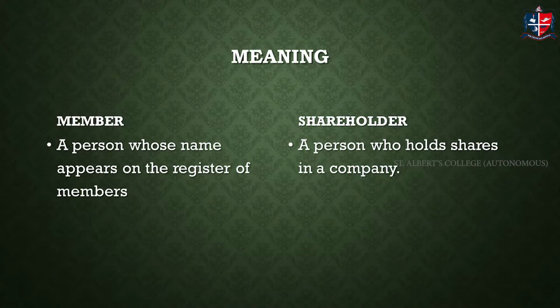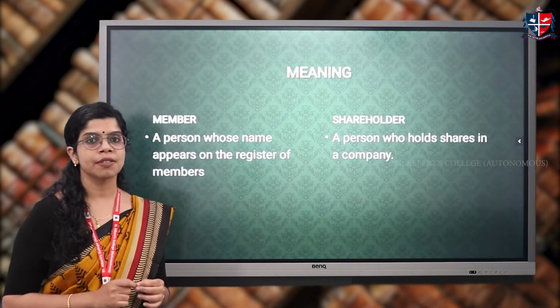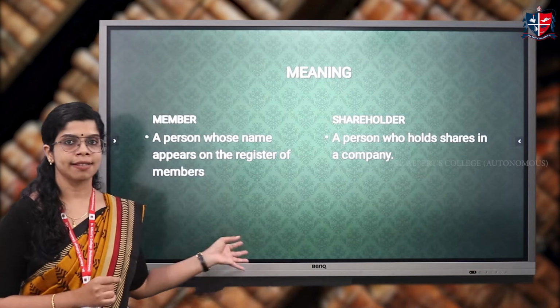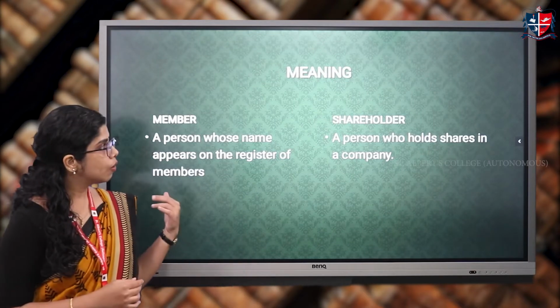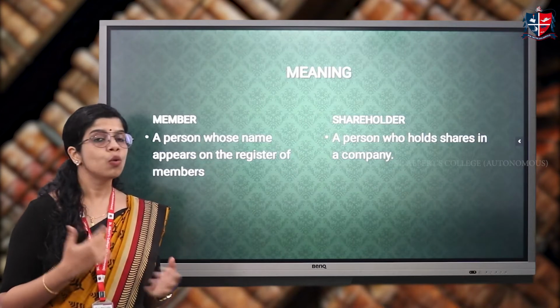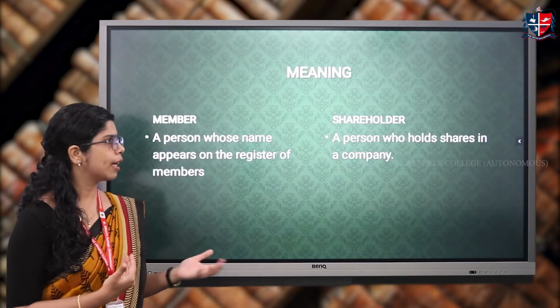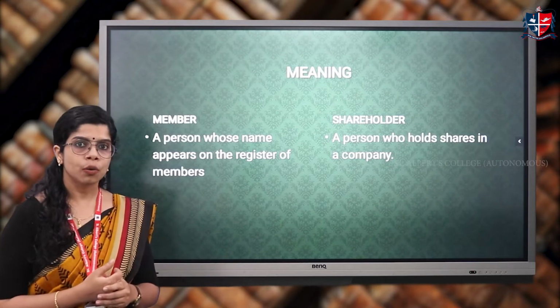Now let's see what exactly is the meaning of a member and a shareholder. If a person has his name entered in the register of members of a company, then he is known as a member. A question arises as to who a shareholder is with respect to shareholding.